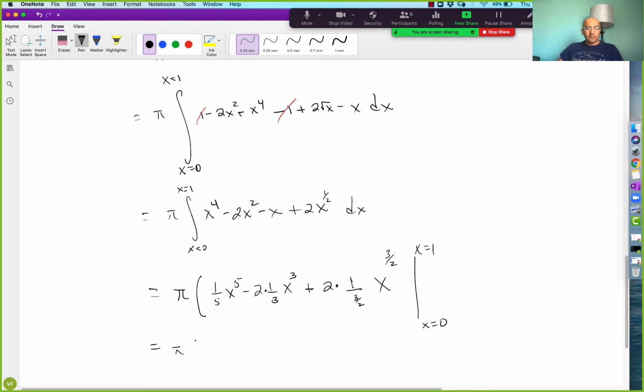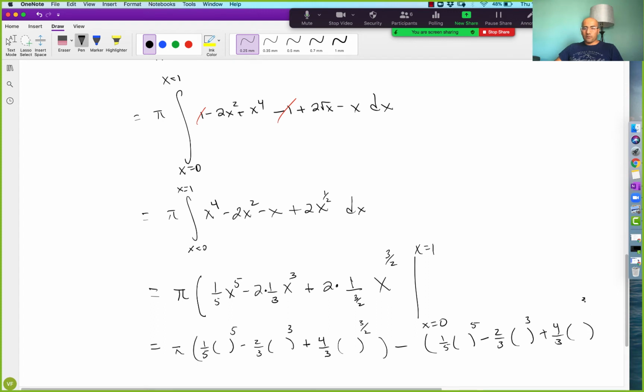You get pi times parentheses, 1/5 something to the 5th power, minus 2/3 something to the 3rd power, plus, now this is going to be 2 over 3, which becomes 4/3, something to the power of 3 over 2, and all of that becomes the same thing in the other: 1/5 something to the 5th, minus 2/3 something to the 3rd, plus 4/3 something to the 3 over 2.